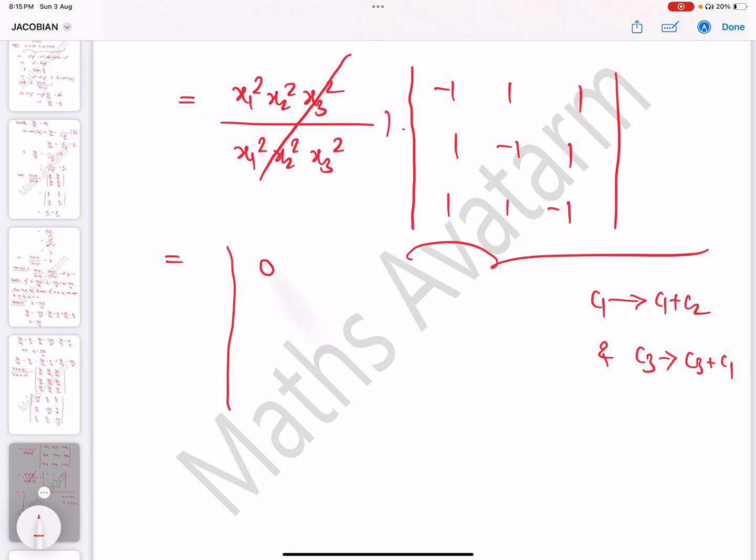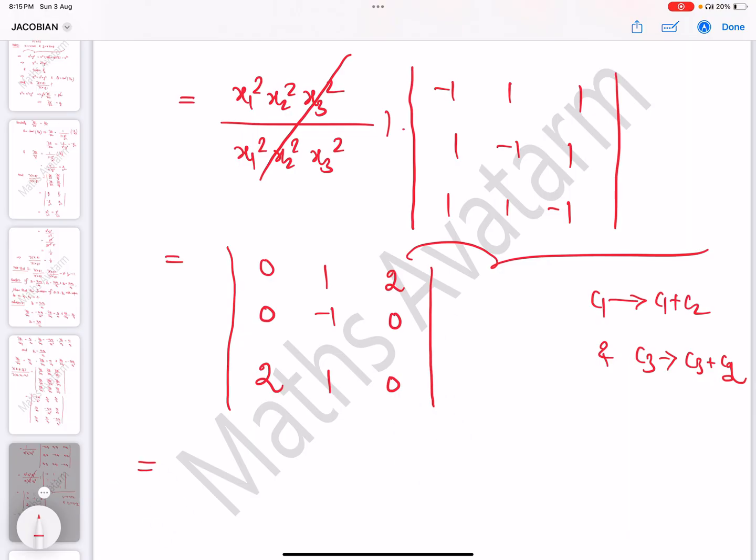So what I will get: 0, 0, 2 in the first row, 1, minus 1, 1, with the other entries 2, 0, and 0.